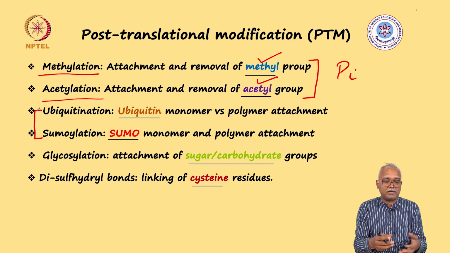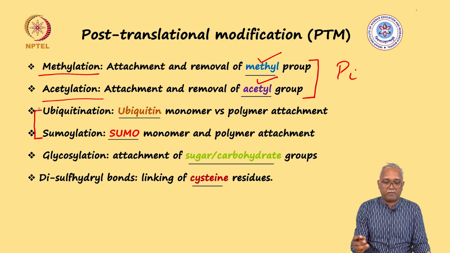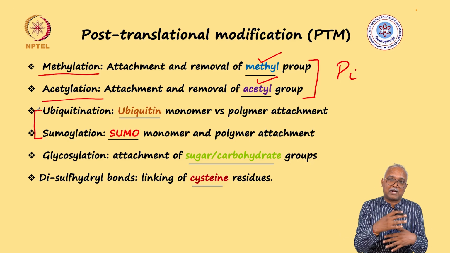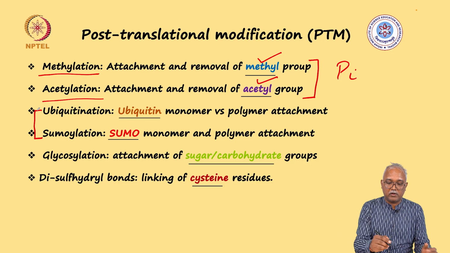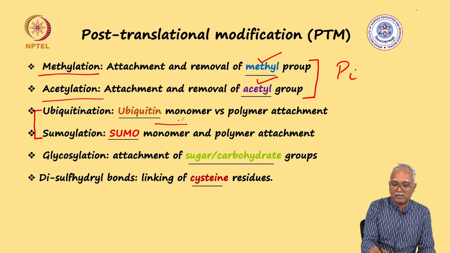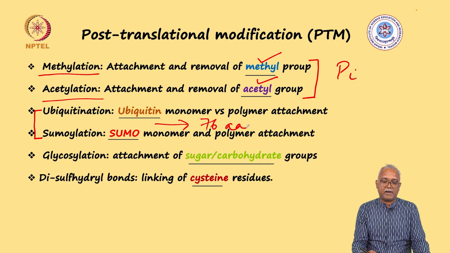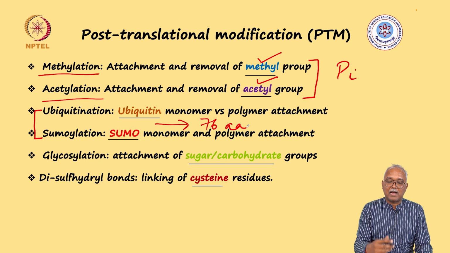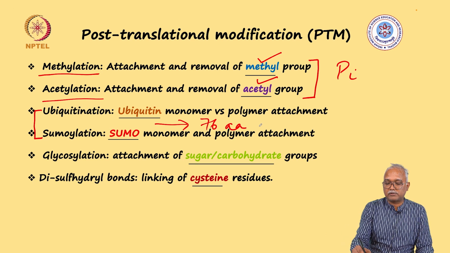Rather than a small moiety like methyl, acetyl or phosphate, an entire protein gets attached to another protein. Ubiquitin, we all understand, is a polypeptide around 76 amino acids long which gets attached to the target protein. I am sure all of you know that attachment of ubiquitin, particularly the polyubiquitin form, leads to the degradation of the protein, right?